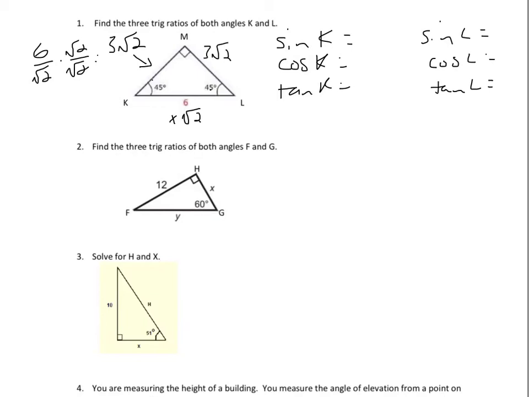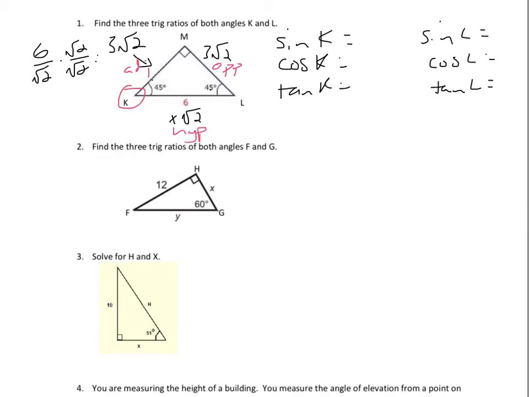Alright, now with that, we can write our ratios. So the sine of k, if we're working with k first, I'll do this one in red. If we're working with k, that means we have opposite over here, adjacent right here, and the hypotenuse is always across from the right angle. So we just fill in everything we got.